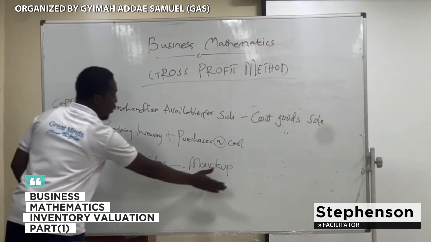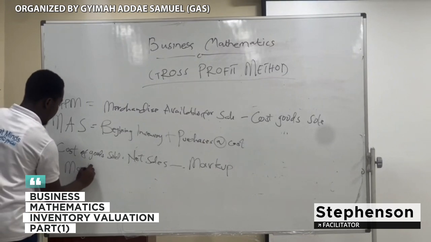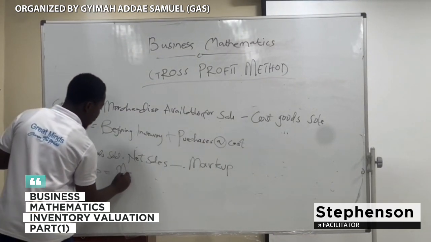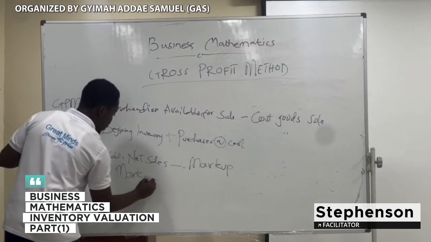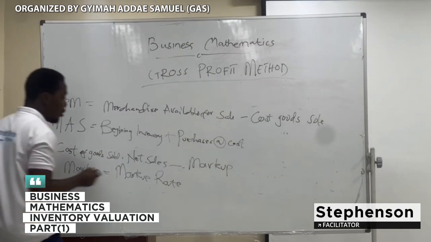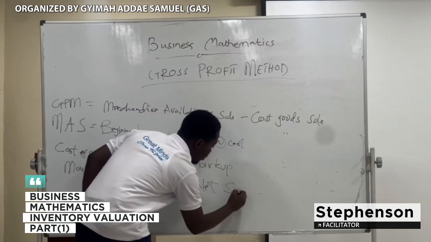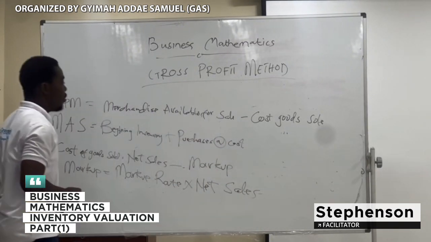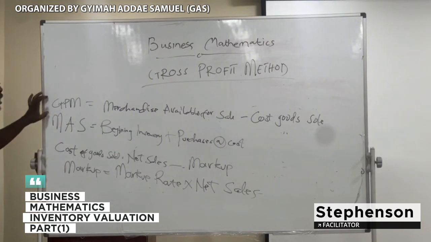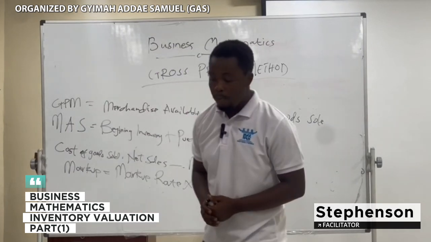How do we find our markup then? Take note of the formulas. Markup is equal to markup rate times net sales. Take note of these formulas; we'll be using them.